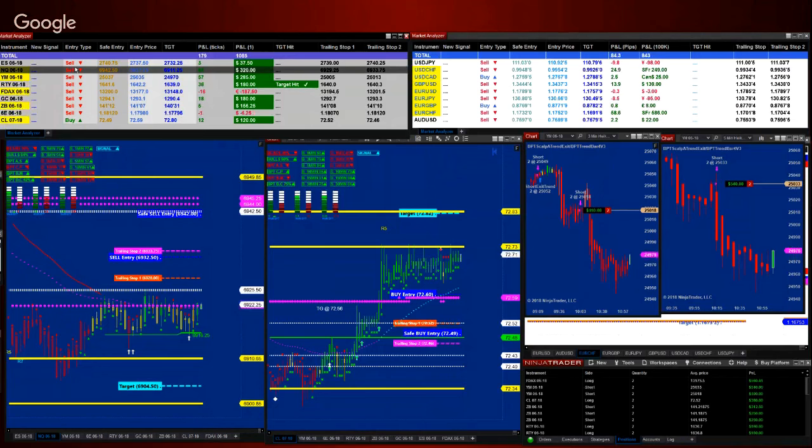The ES, Nasdaq, and YM have to be in the same direction, and the 30-year Treasury bond should be going in the opposite direction. But when the 30-year Treasury bond goes in the same direction, somebody is wrong here.